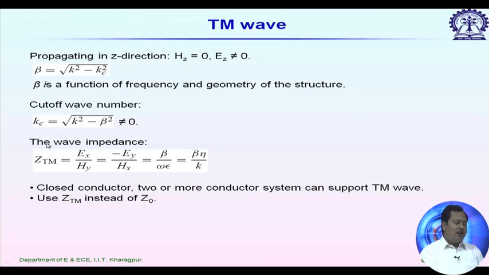The wave impedance is defined as ZTM equal to Ex by Hy, which is equal to beta by omega epsilon or beta into eta by k. Again, a closed conductor or a two or more conductor system can support TM mode, and we can't define characteristic impedance for TM wave as well.